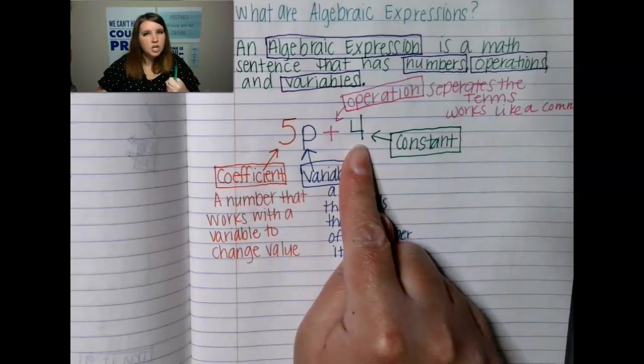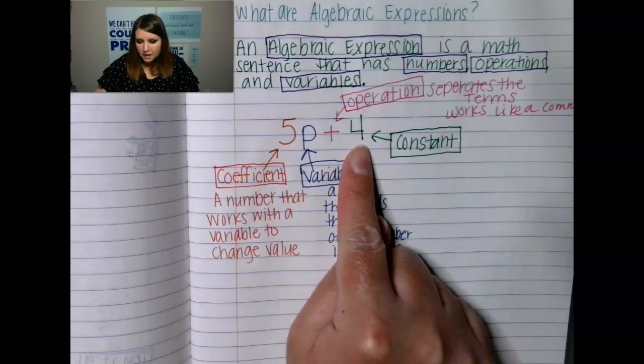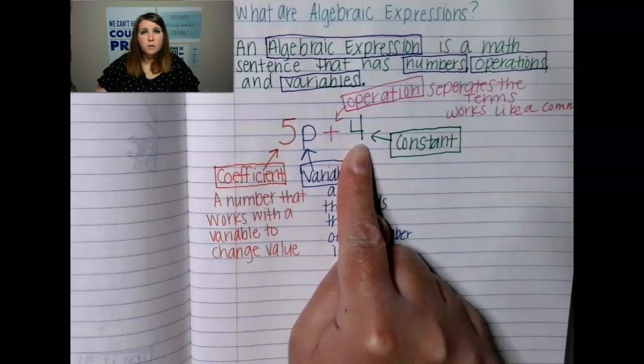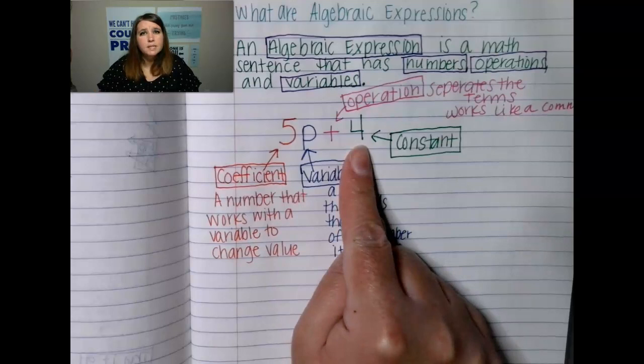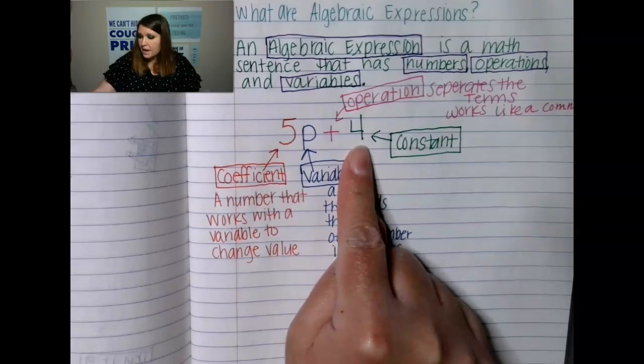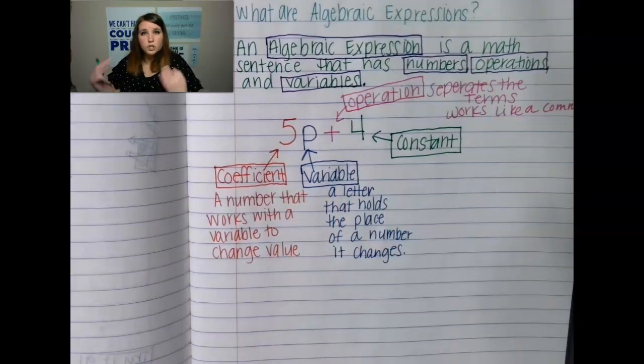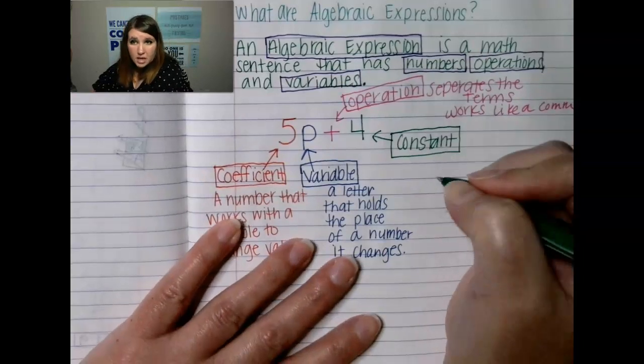It doesn't need to change. A 4 is a 4 is a 4, no matter what. If this was a 5, it would constantly be a 5. If it was a 10, it would constantly be a 10. It never changes its value. So constants are numbers or terms that stand alone and their values don't change.